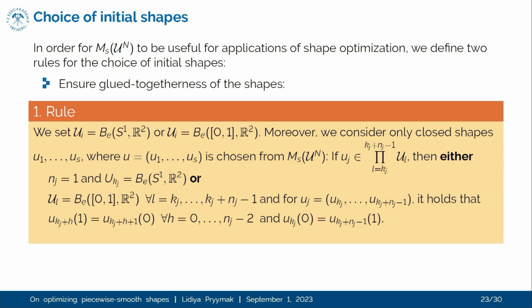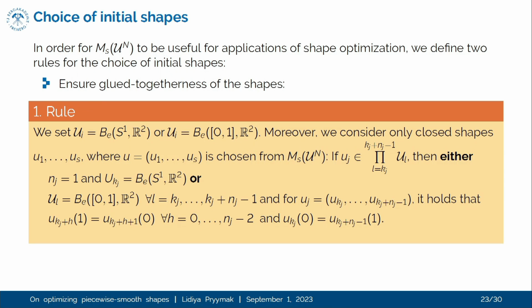The first rule may be clear, because as I introduced the shapes, the star-shaped U1, we want to consider closed shapes for our algorithms.